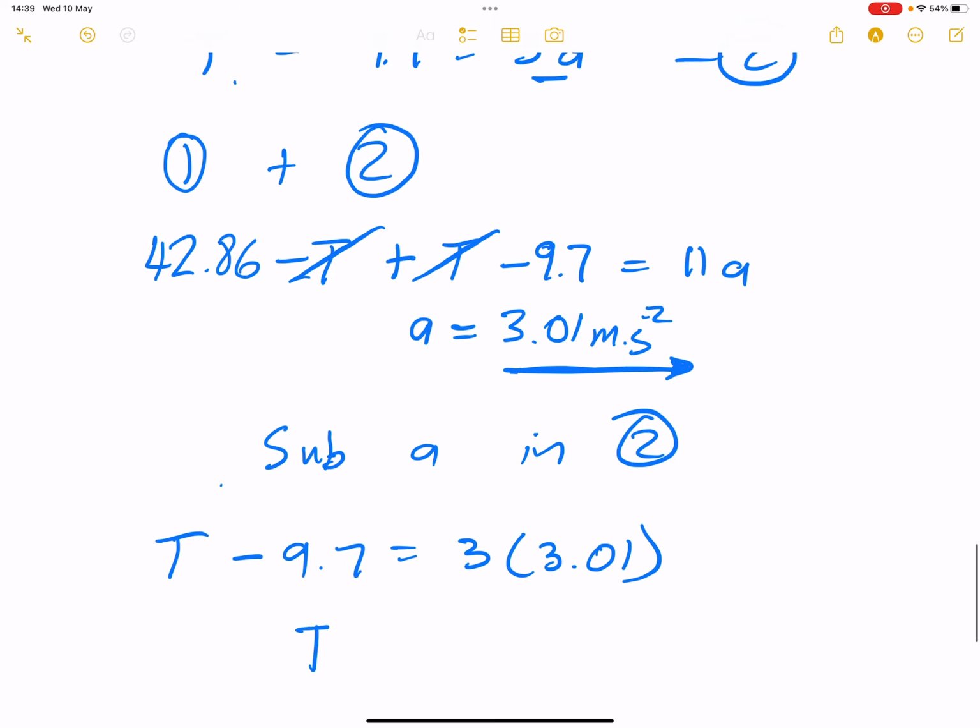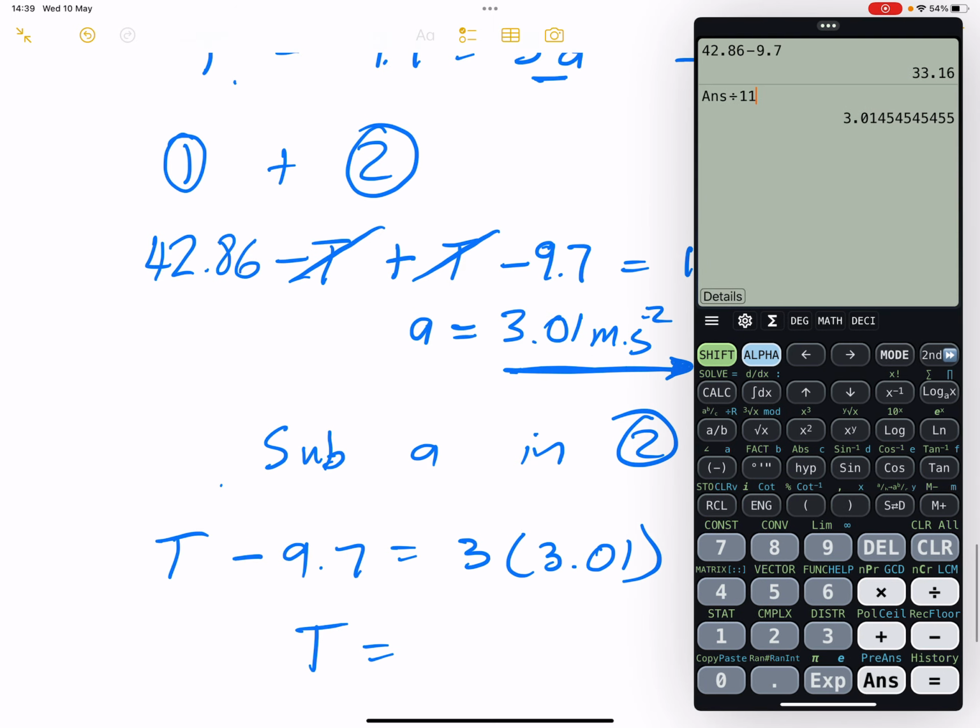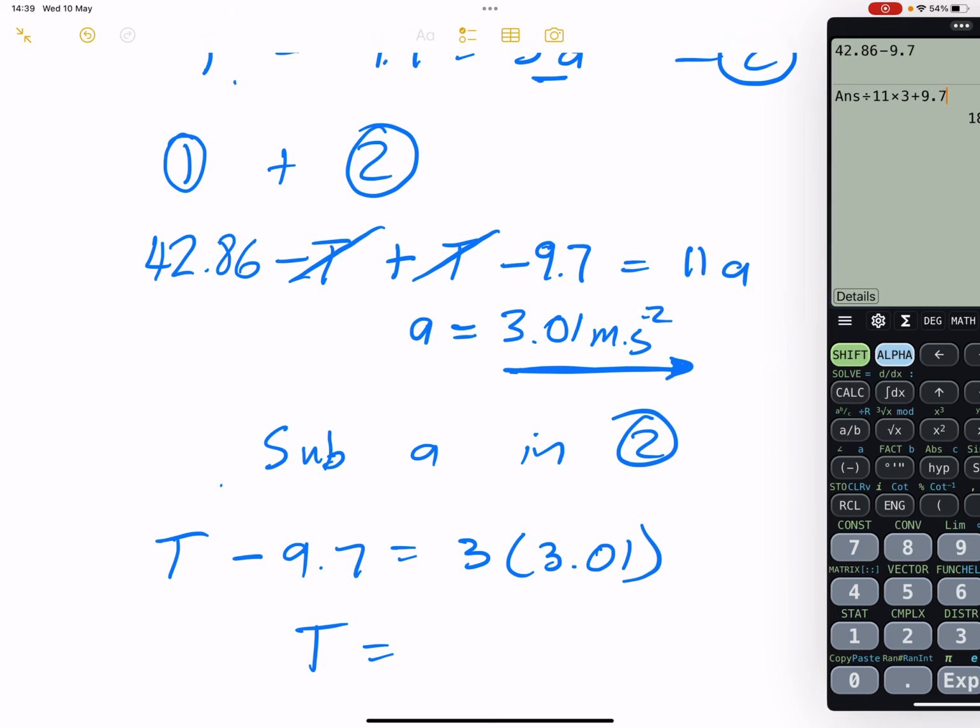I multiply that by 3 and I get 9.04, and I'm going to say plus 9.7, and I get the value of T to be 18.74.